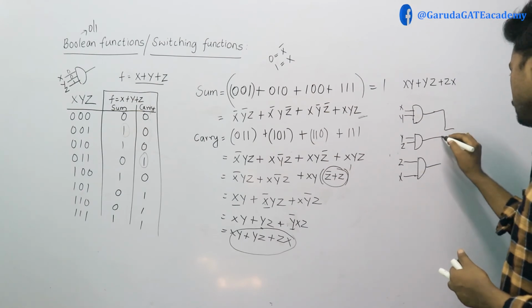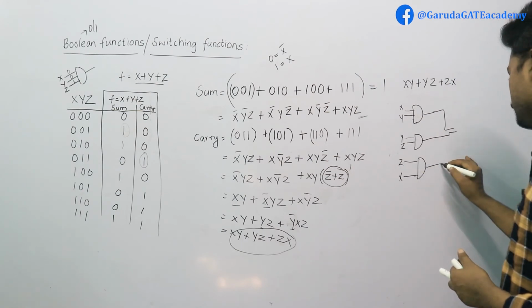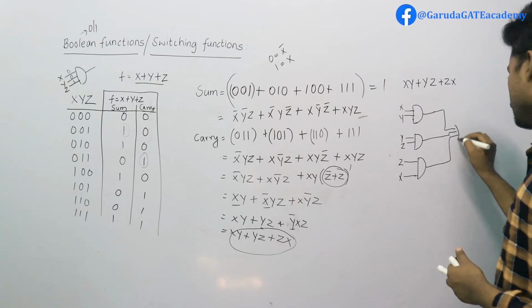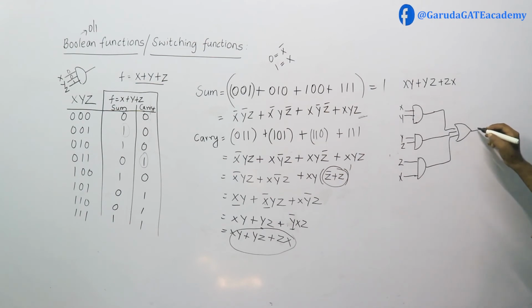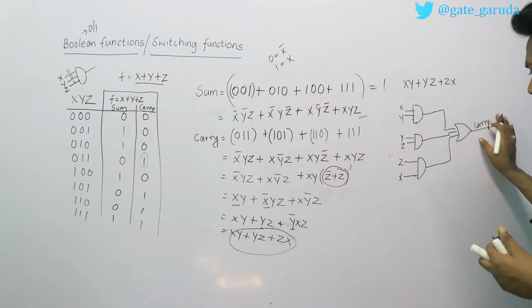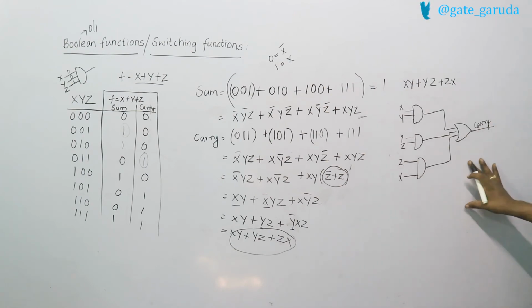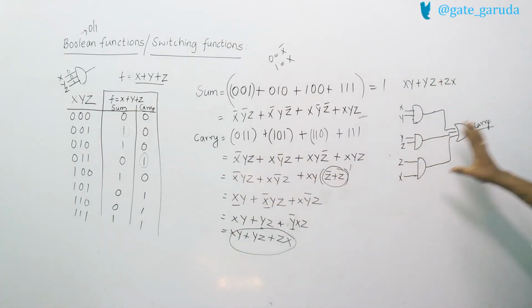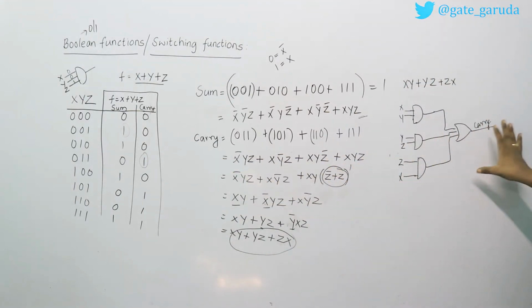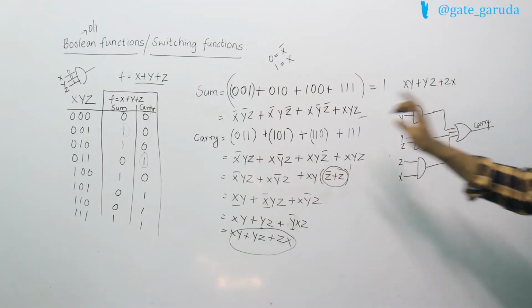So let us suppose we are given a 3 input OR gate. So this will be carry. This is the function for carry. So see here, we have started with a function and we have designed a circuit which will give you output when there is a carry.